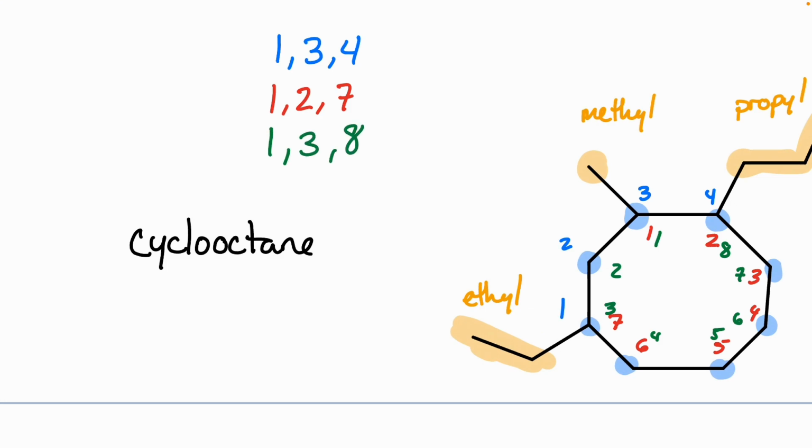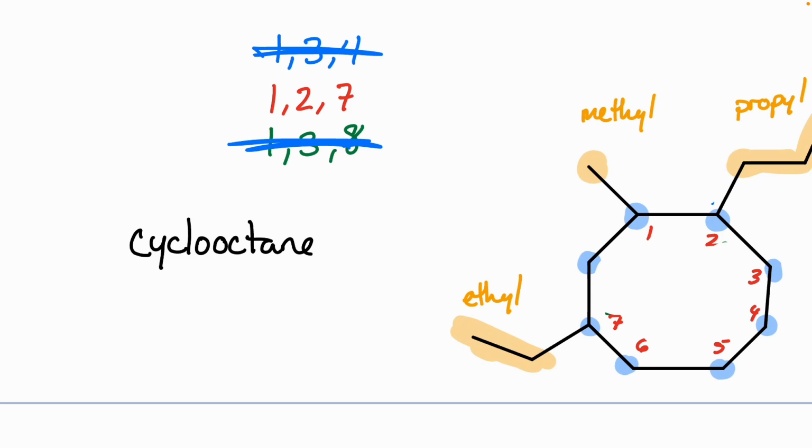So which one can I scrap? Actually, I guess I'm down to just one here, huh? My blue one's worse than the red. My red one's better than the green. Okay, so let's keep the red one. So it already nixed the blue.